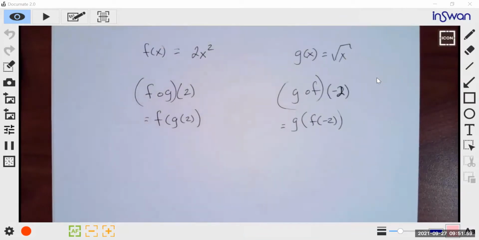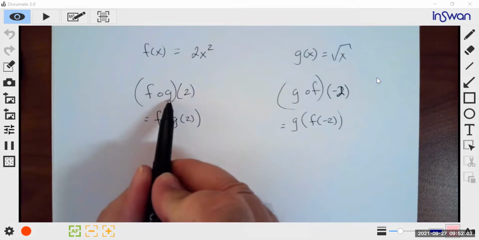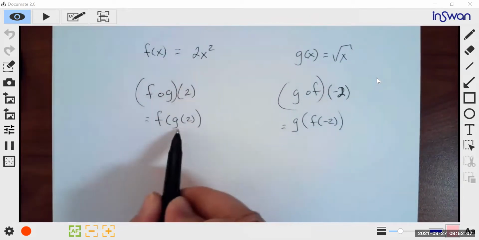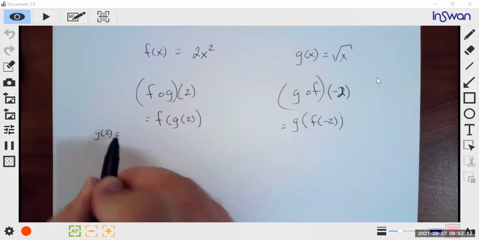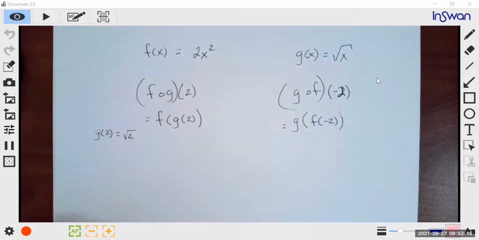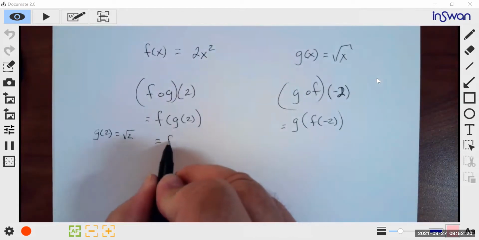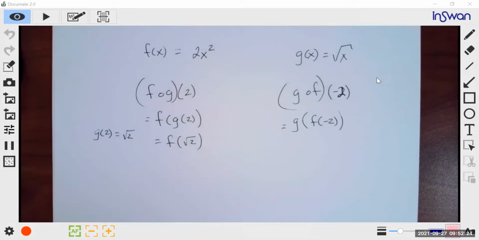Here's what I'll show you with this one. So this f of g method, you read right to left. So you first take g of 2. So whatever g of 2 is, square root of 2, goes inside the other function.